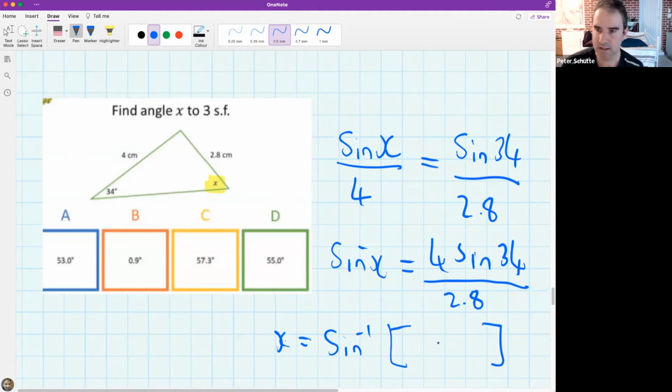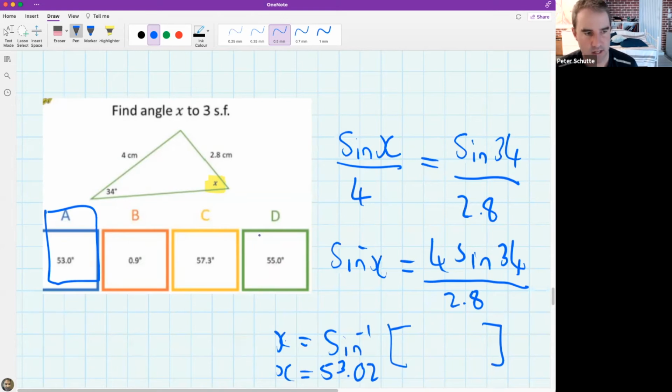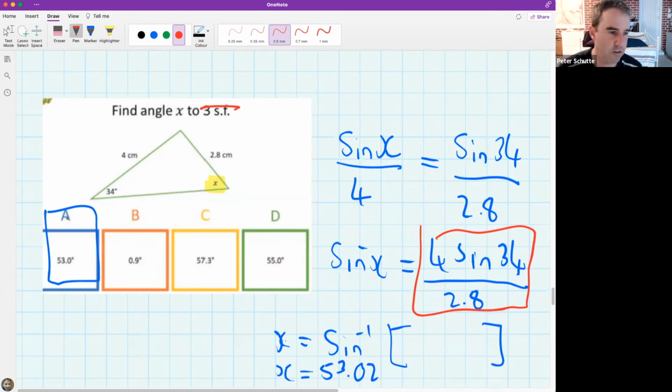We should be getting the 53. So it's going to be step A over here. So if you type it into your calculator, there is a bit of rounding that's happening here, but you're going to get around 53.02. And just try and rather type this whole thing into your calculator so that it does it for you. We'll ignore the significant figures, and the correct option over here is A.